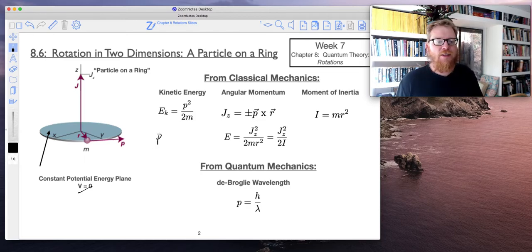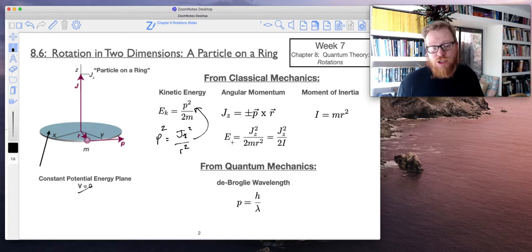I recognize that the momentum squared, I can write as Jz squared divided by r squared. So I substitute that result in, and I get the following.